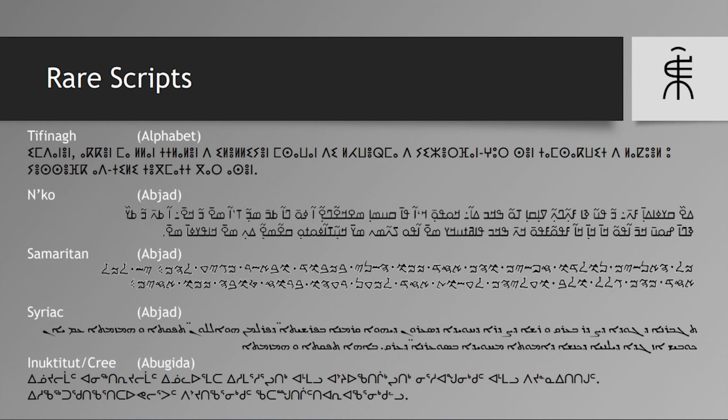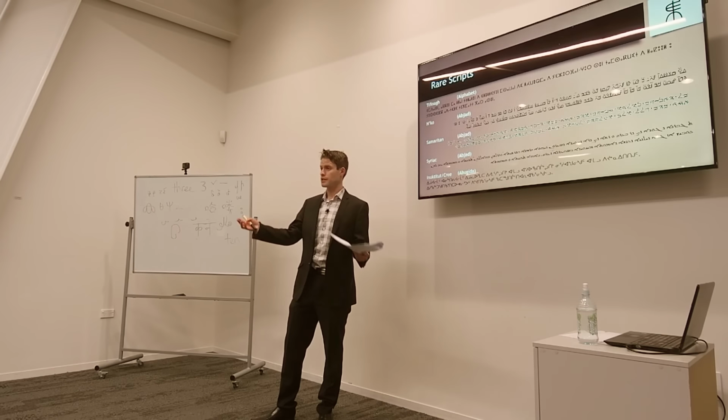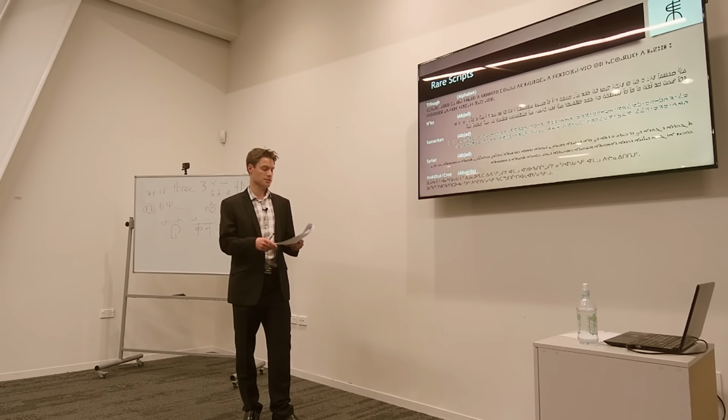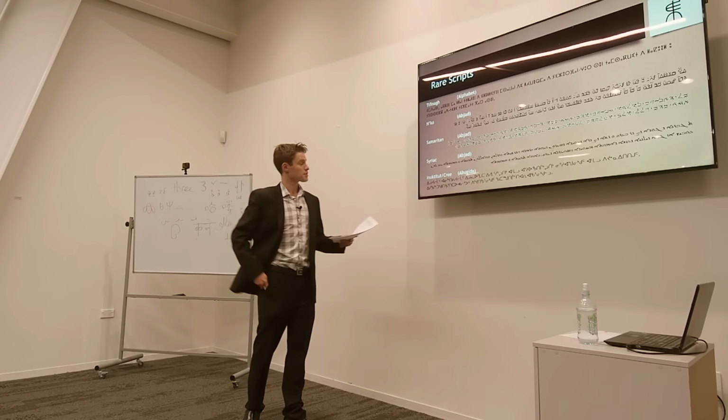It's no longer published on a regular basis at all. So I include them here because they're fascinating and they are still living scripts. However, you're unlikely to ever come across them in your work or in your travels because they have such limited usage. So I'll just go through them briefly.